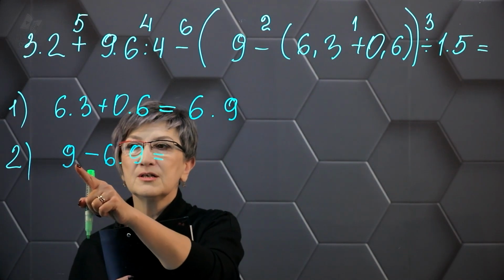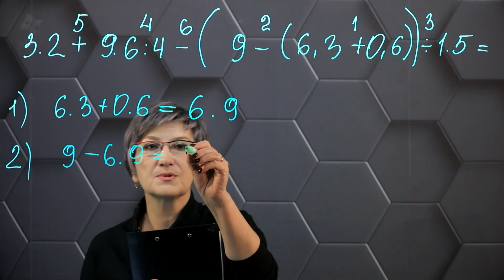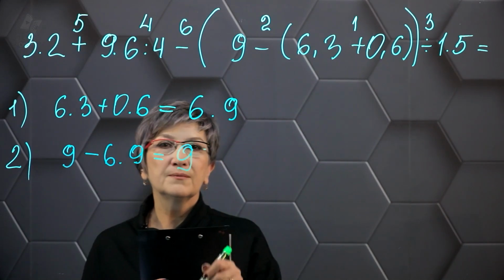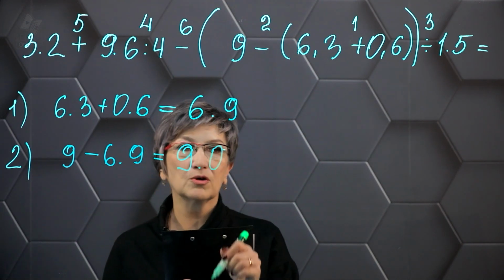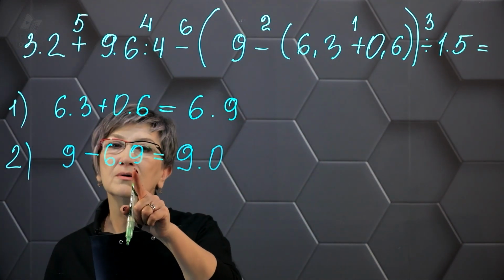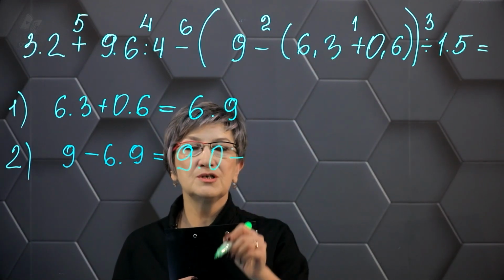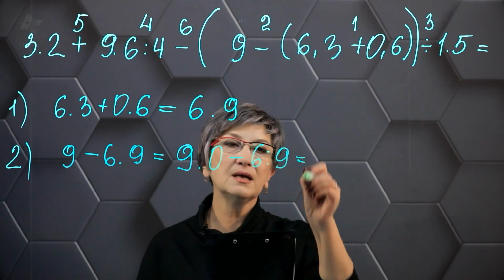But we can see that 9 doesn't have a decimal point, so I have to write it down. I can put a decimal point after the 9 and place a 0 after it. I only write down one sign because I only have one sign in the subtraction, so I write 9.0 minus 6.9. And now I can write that down in column form.